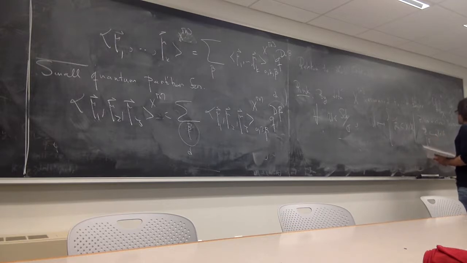We have this map pi, and then the projection onto the second factor U, and pi is flat.